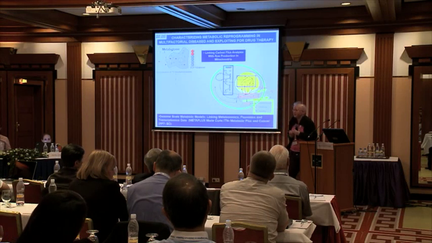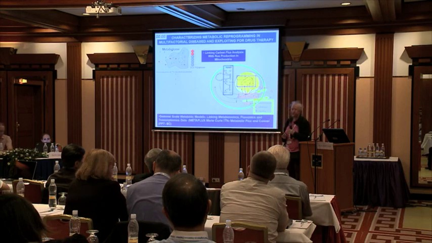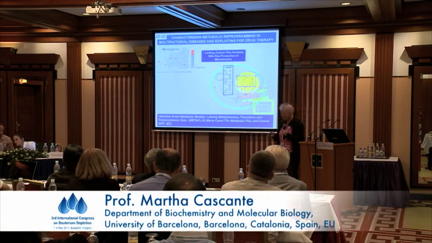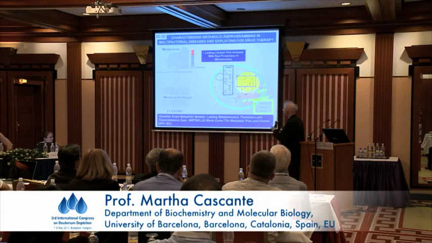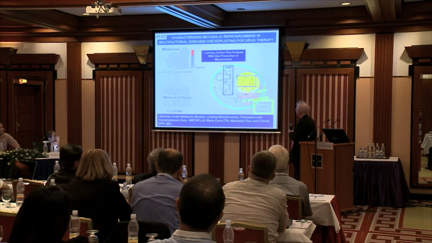What we demonstrated is that inherent to this could be the fact that bistability exists in ROS production, especially at the level of complex 3, which is what we study most. So this is what we're working on now, trying to couple our metabolic models with ROS production models in mitochondria.